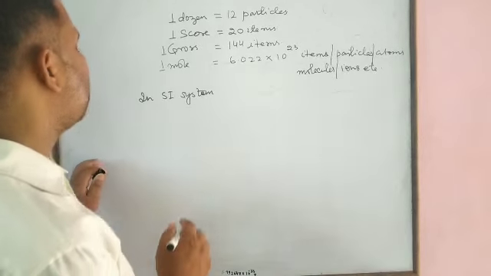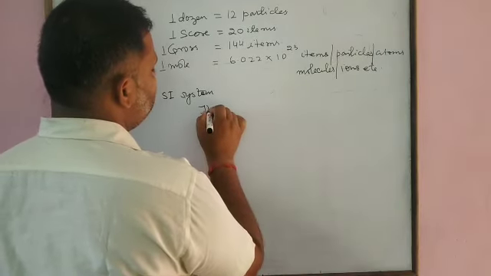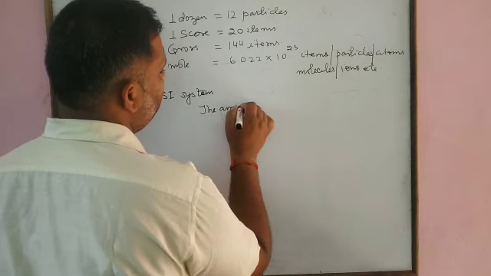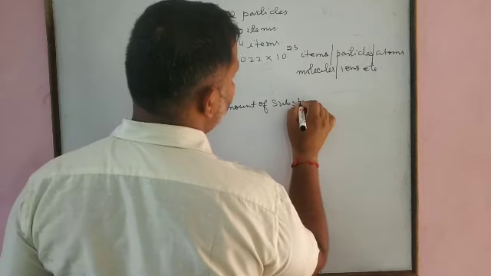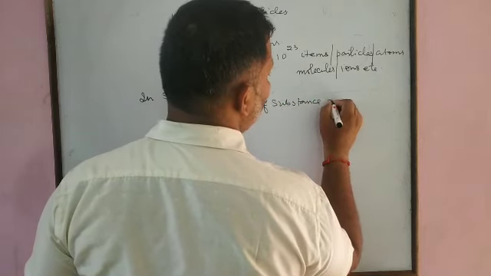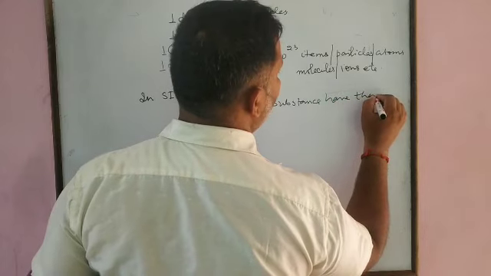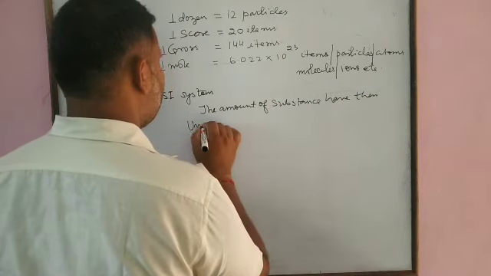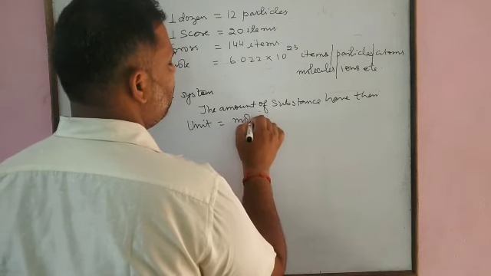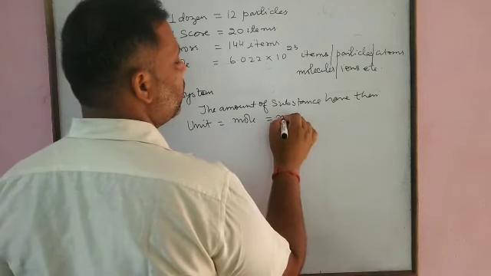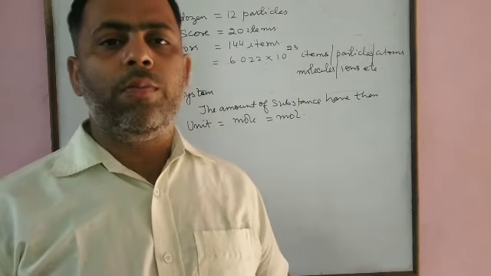That means in the SI system, the amount of substance has its unit equal to mole, but it is abbreviated as mol. To the next, we will know what is 1 mole.